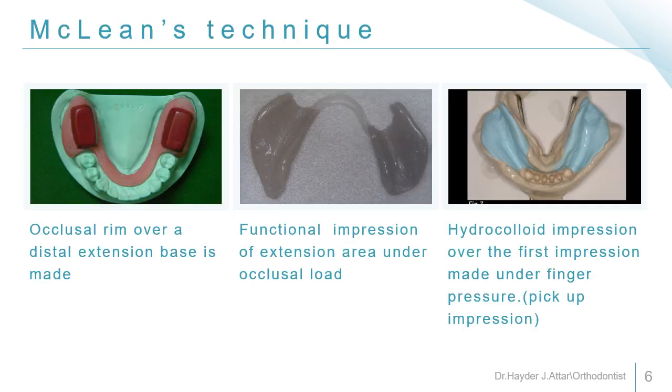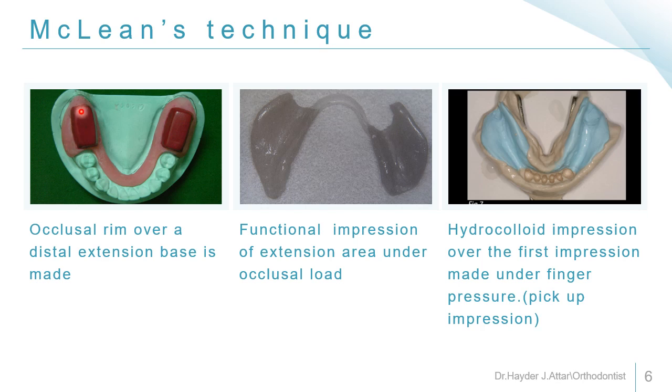In the McLean technique, first of all make a record base with bite rim. The record base and bite rim are used to apply an occlusal force during taking the impression.